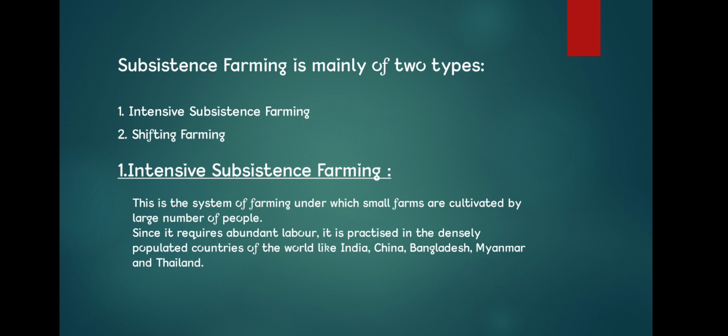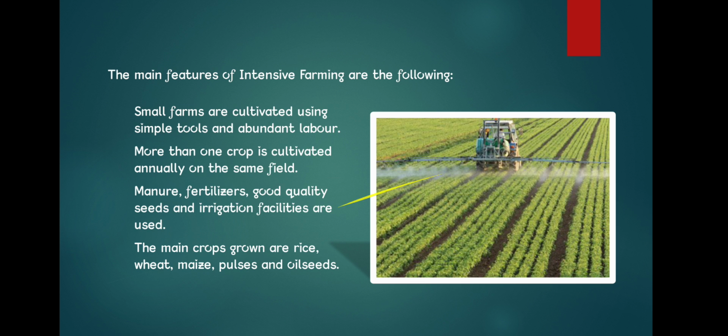For example, in one field where they are growing rice, inside it they will also raise fish. So here the main features of intensive farming are the following: the small farmers cultivate using simple tools and abundant labor. More than one crop is cultivated annually on the same field, and manure, fertilizers, good quality seeds and irrigation facilities are also used in this type of farming.